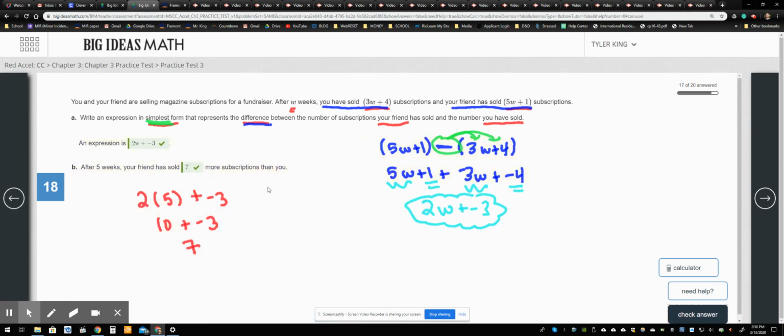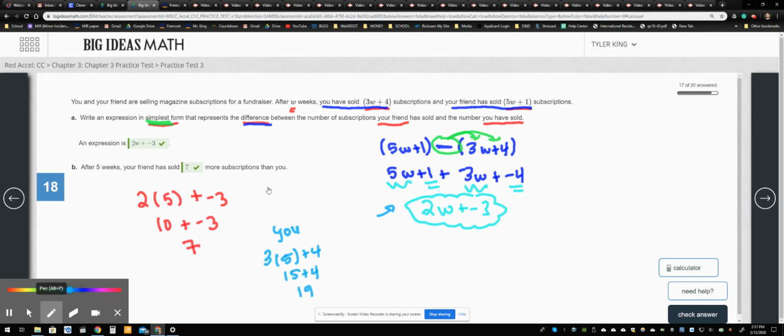Now, the other way that we can go about doing this, the second part here, is if we don't really remember how to get to our equation, we can actually just plug in 5 to both of these things. For you at 5 weeks, we had 3 times 5 plus 4, or 15 plus 4, which is equal to 19.